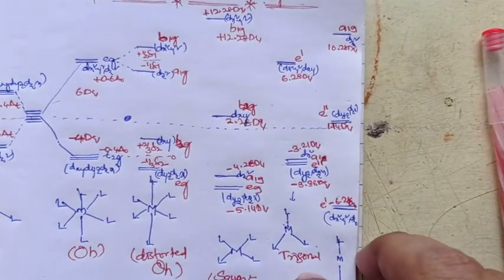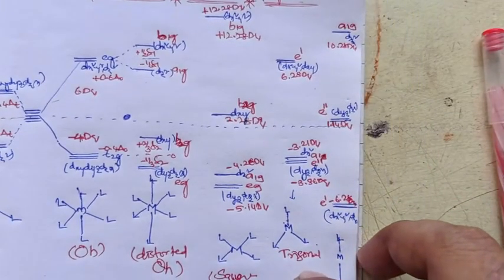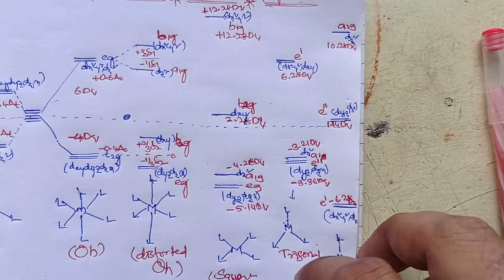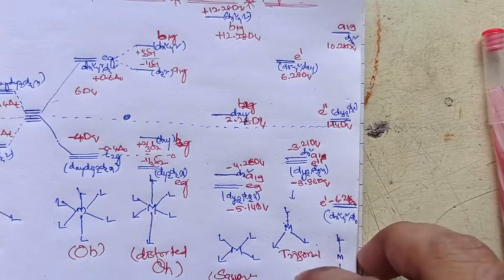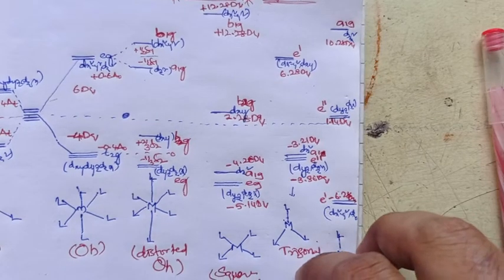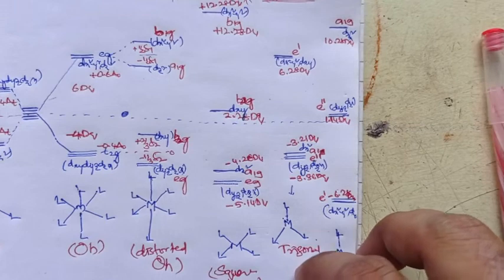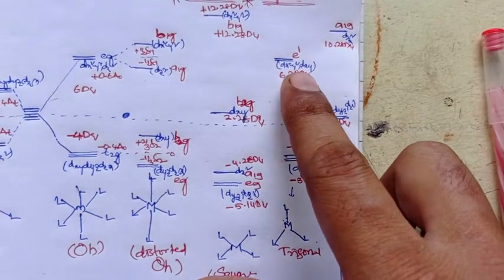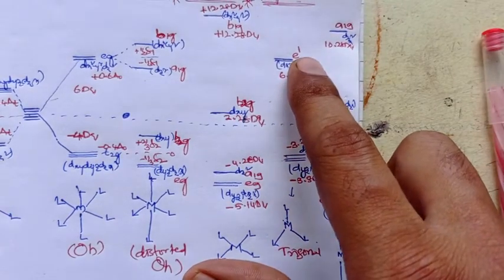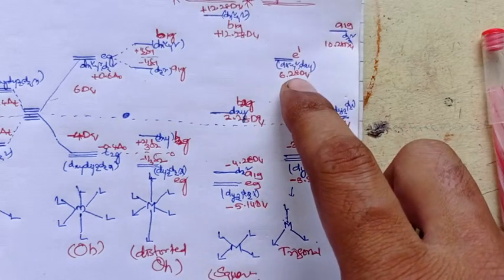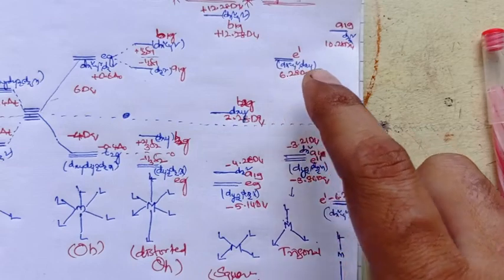A trigonal complex will have three newly generated energy states, where the dx square minus y square and dxy orbitals participate in interaction with ligand sites. This interaction destabilizes the orbitals and they reach a higher energy state, E1 bar, with an energy of 6.28 Dq.